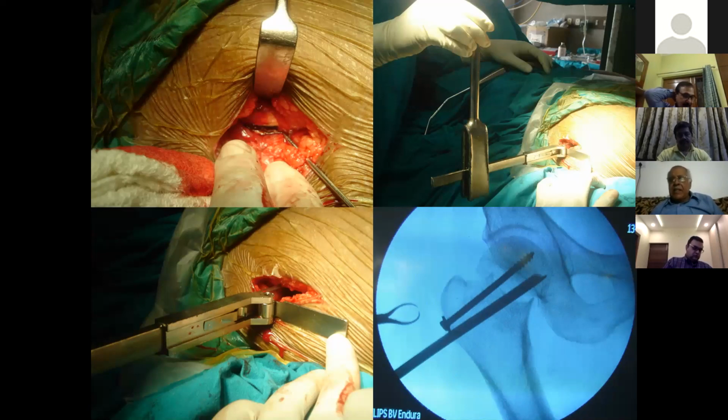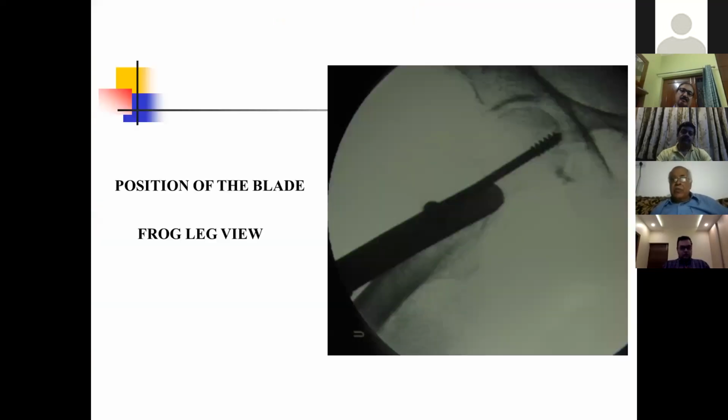Just excise a wedge of 20 to 30 degree between the two trochanters, greater trochanter and the lesser trochanter. From here, about 15 millimeter distal to the entry of the chisel, because that is the bone block which gives you stability. So see the passage of the chisel both in AP view and in lateral view. That is not difficult to make.